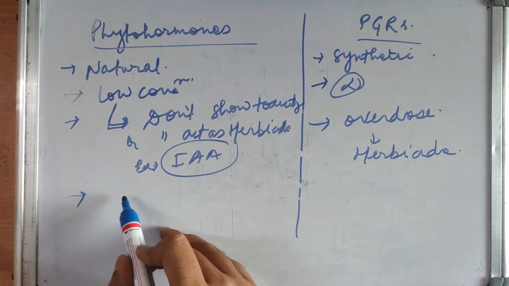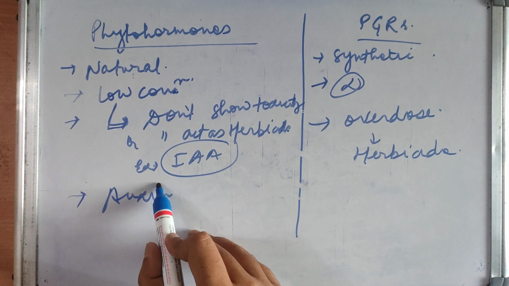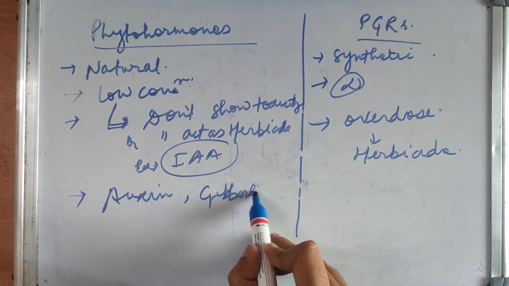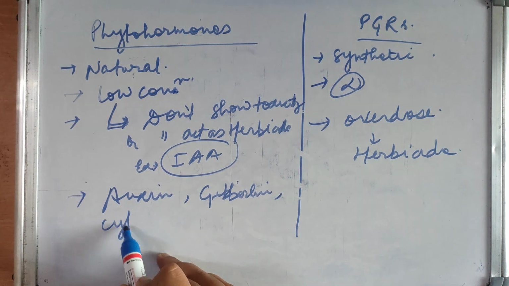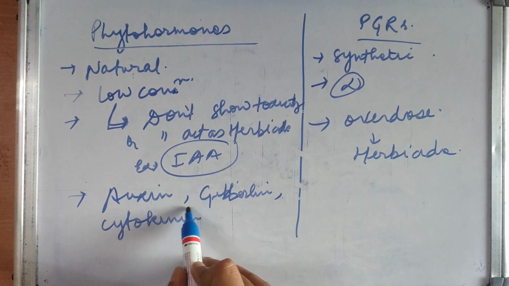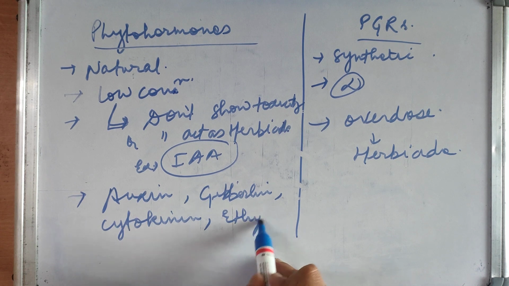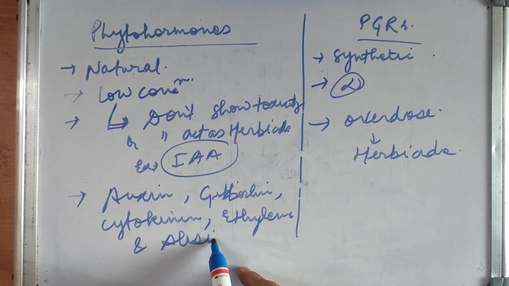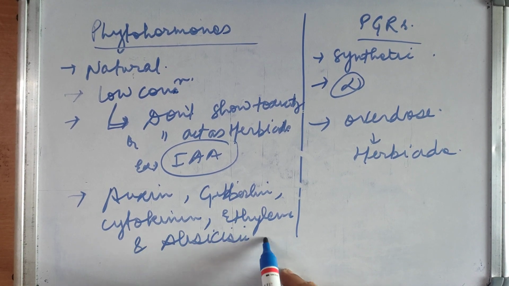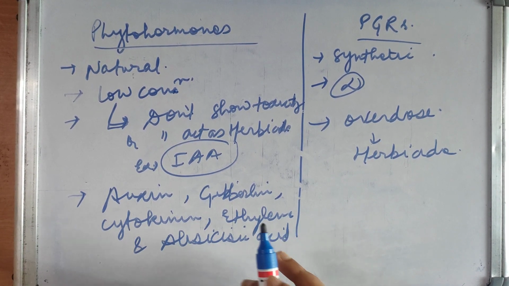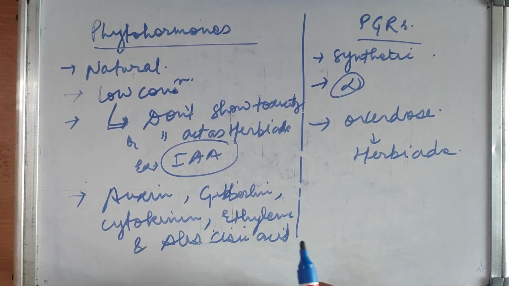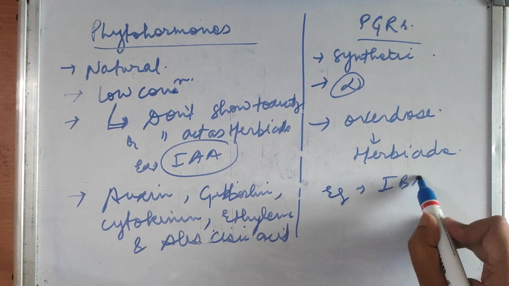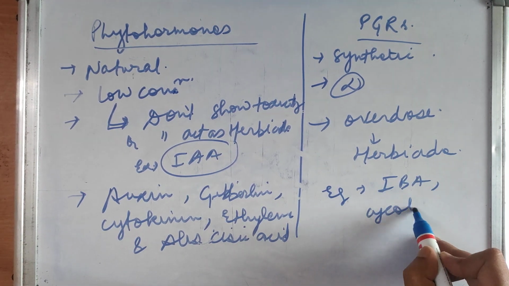And there are 5 categories of phytohormones: auxin, gibberellin, cytokinin, ethylene, and abscisic acid. For PGRs, an example is IBA.